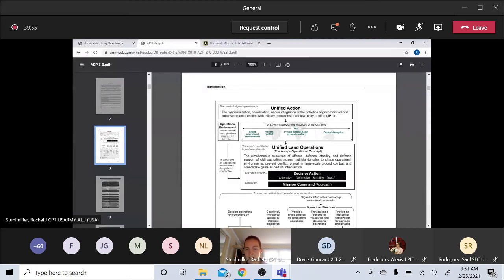Unified land operations are extraordinarily complicated, they're complex, and they involve simultaneous execution. So you need to be able to understand what it is.